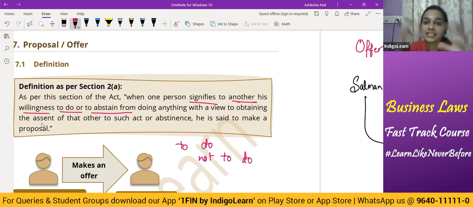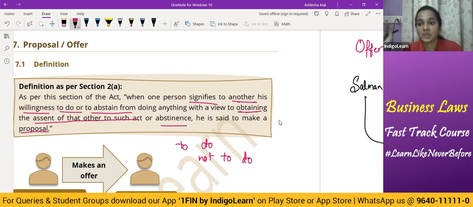So when a person is signifying his willingness to do or abstain from doing anything with a view to obtaining the assent of the other person to such act or abstinence, he is said to make a proposal. So two essential elements of offer: signifying willingness, expressing willingness with an intention to obtain the assent of that other person. So that makes an offer.